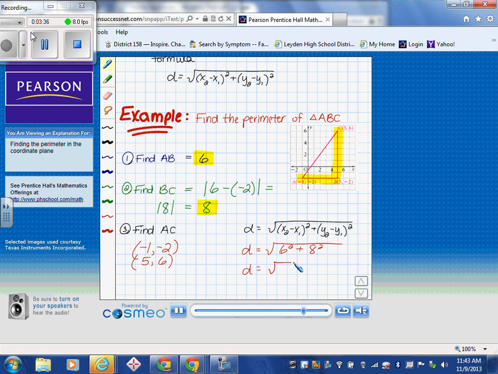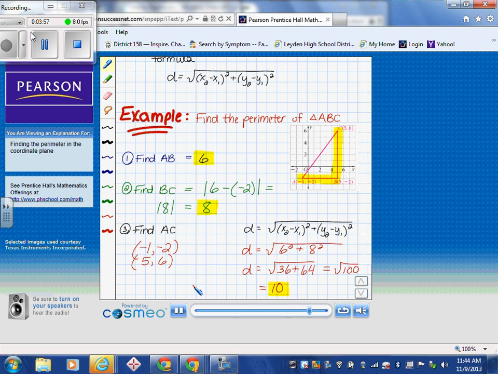So our distance is going to be equal to the square root of 36 plus 64. 36 plus 64 is 100, and the square root of 100 is 10. So segment AC is going to have a length of 10.